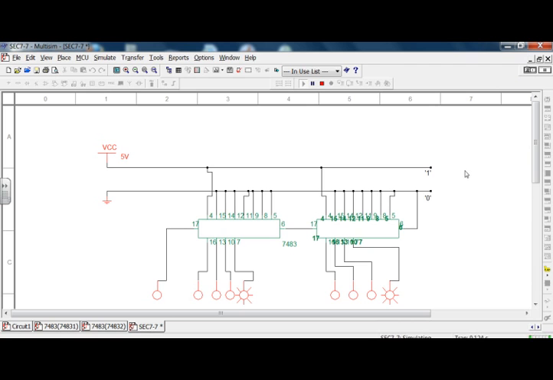Okay. Least significant bit, least significant bit. Wow. All right, there's a piece of paper.